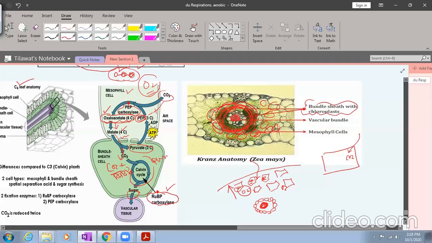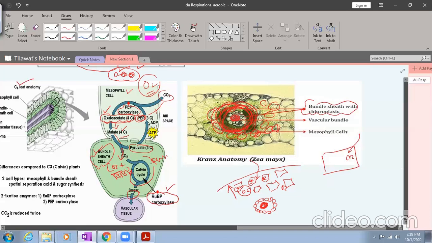The first adaptation is they have the bundle sheath, in which the normal Calvin cycle will take place.